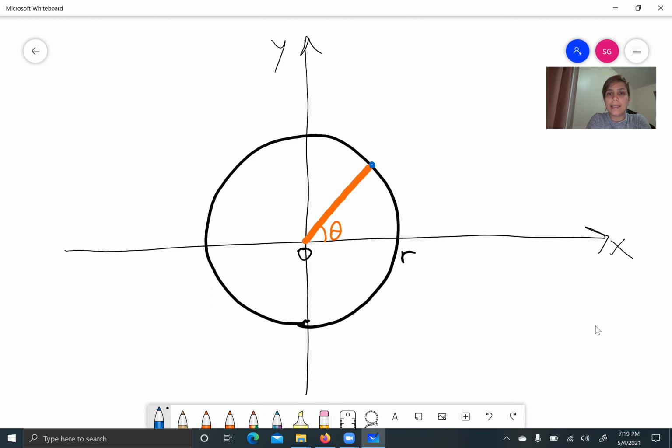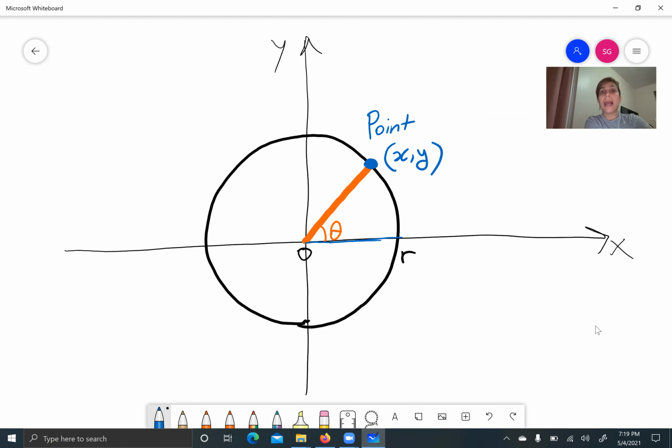Recall that for any angle there is an initial side, which is always the x-axis, and then there is a terminal side. This terminal side intersects the circle at one unique point. Because we are in xy coordinates, this point has some x value and y value, right?